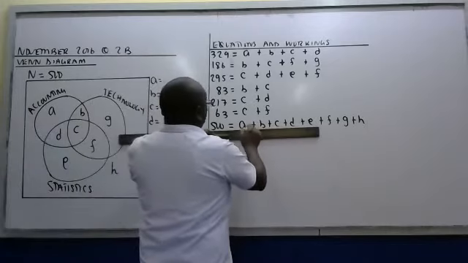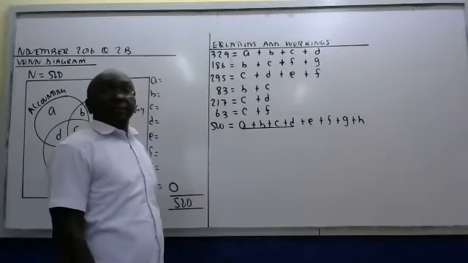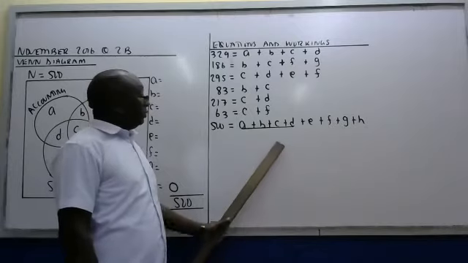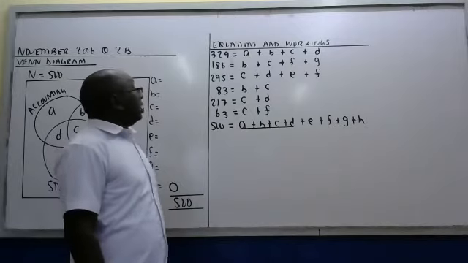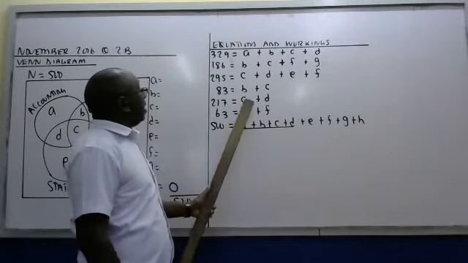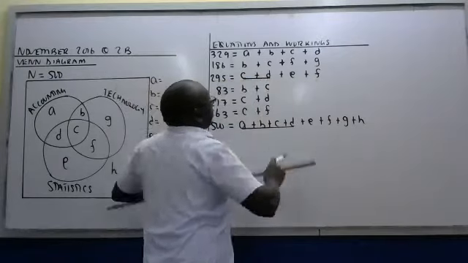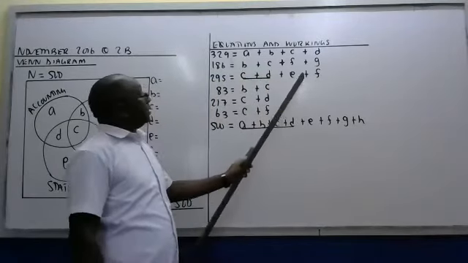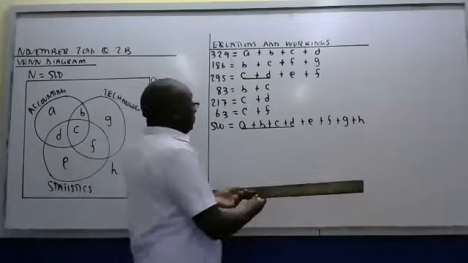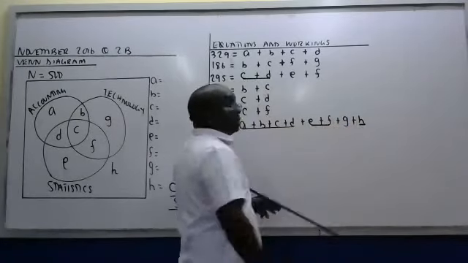You can see the whole of this block, A, B, C, D, is known. Then EF, because we know CD here, is known. And we also know H.